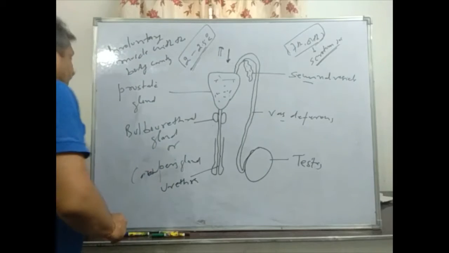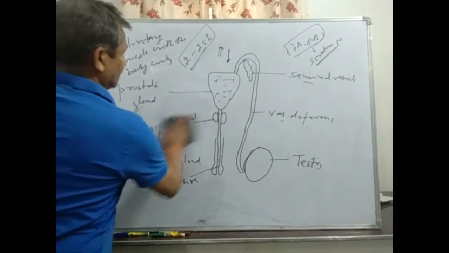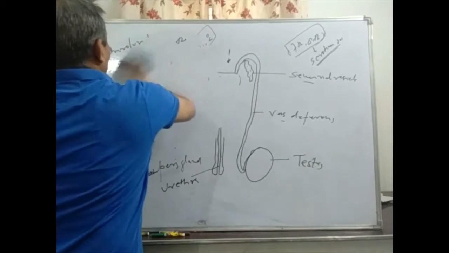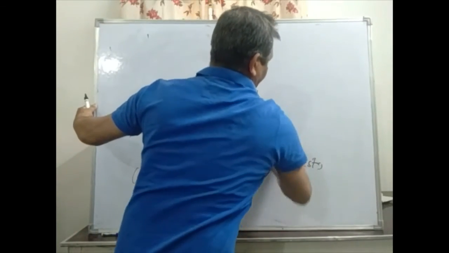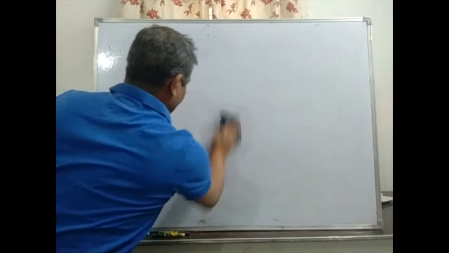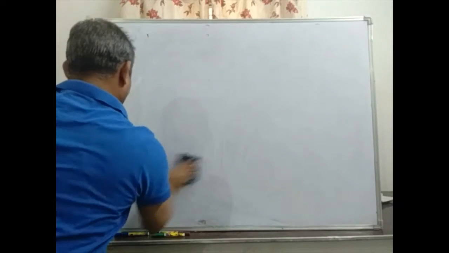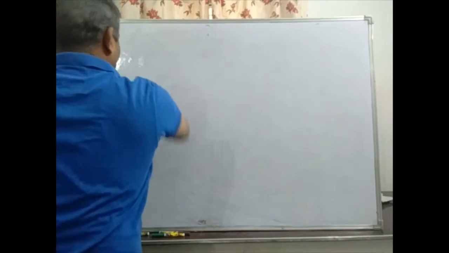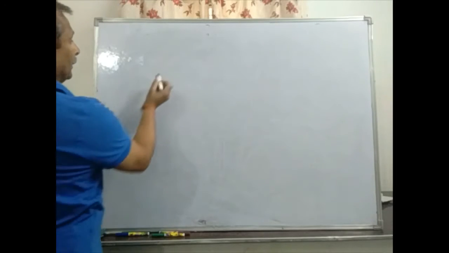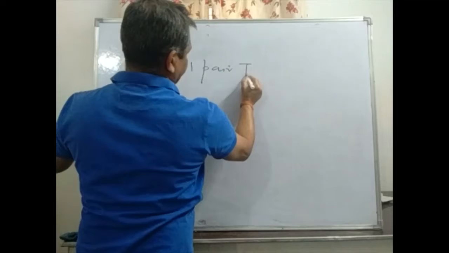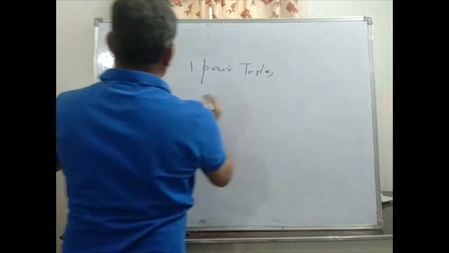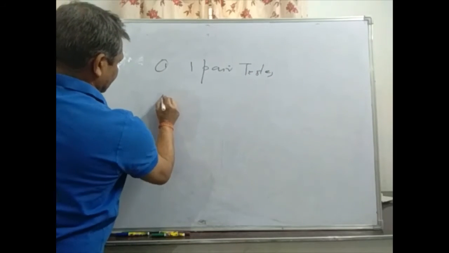So now we are going to see how these structures work and what the major structures are that form the male reproductive system. The organs involved are one pair of testes, and after that there is a duct system.